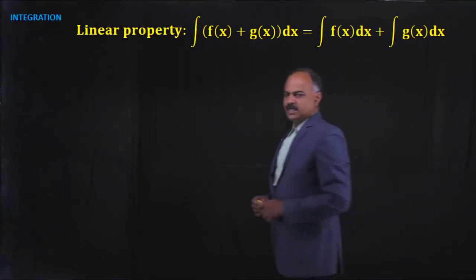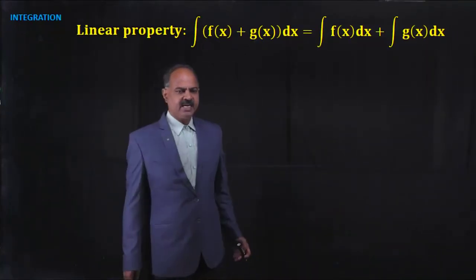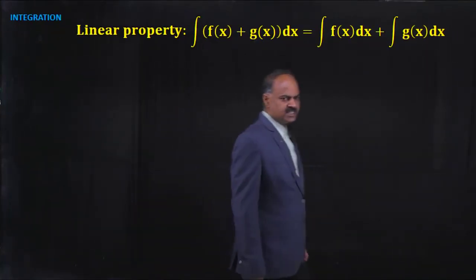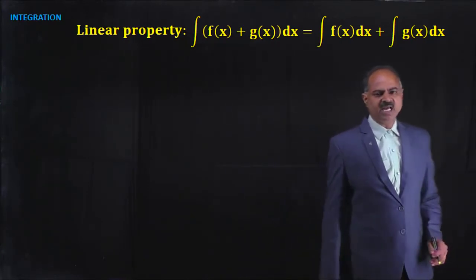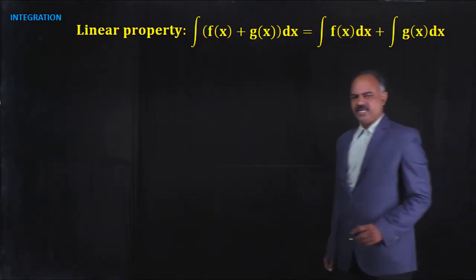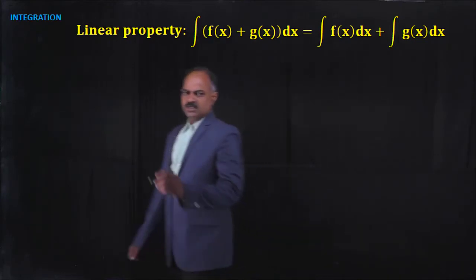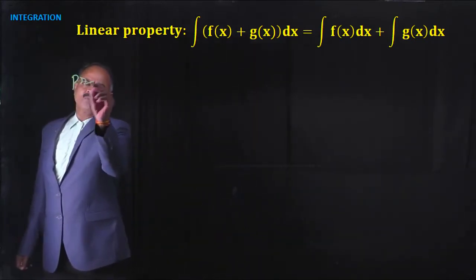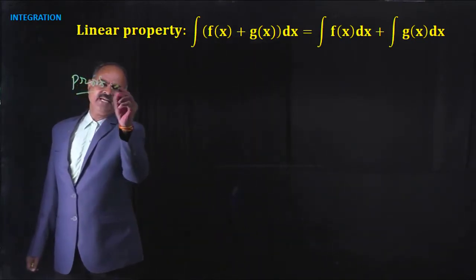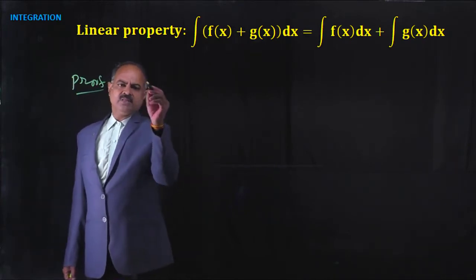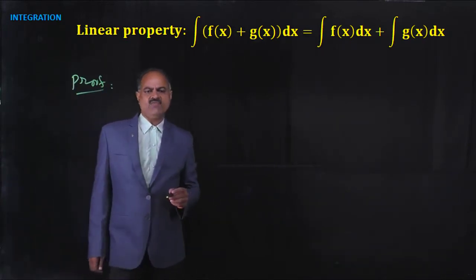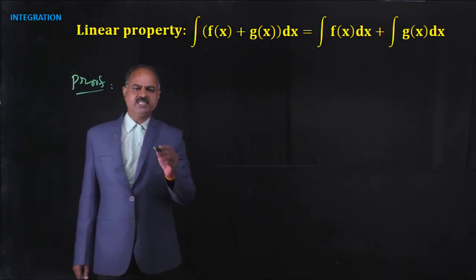Next, linear property. Integral f of x plus g of x dx equal to integral f of x dx plus integral g of x dx. Proof. Take LHS, that is equals to integral f of x plus g of x dx.